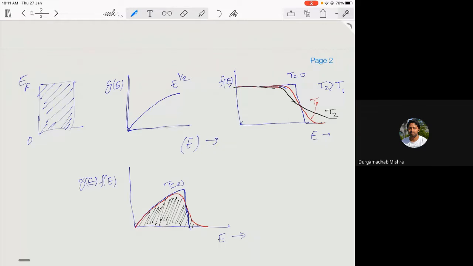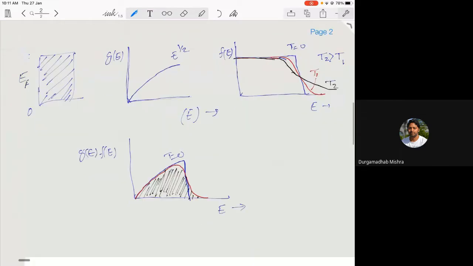Now, how is this related to the conduction of electrons?